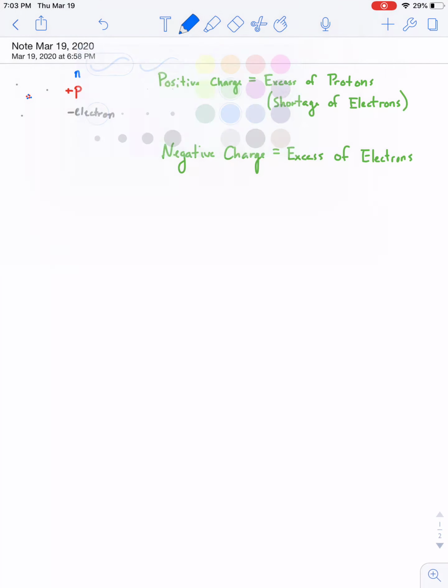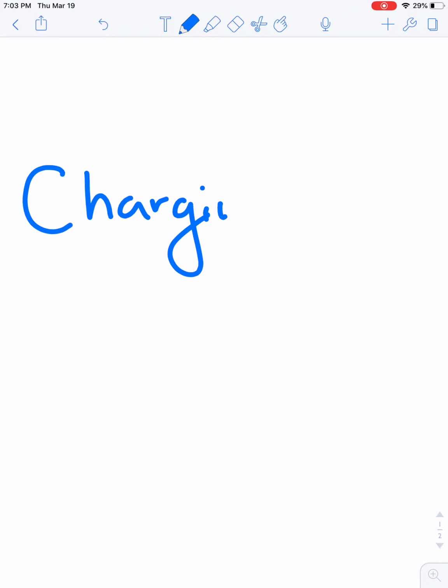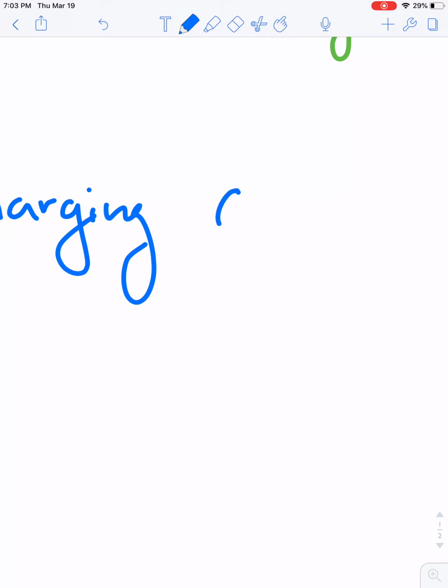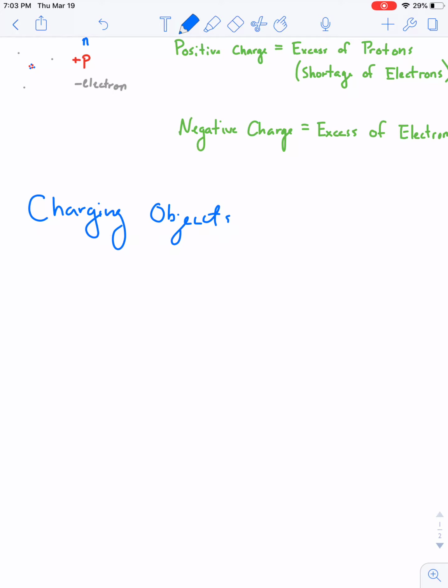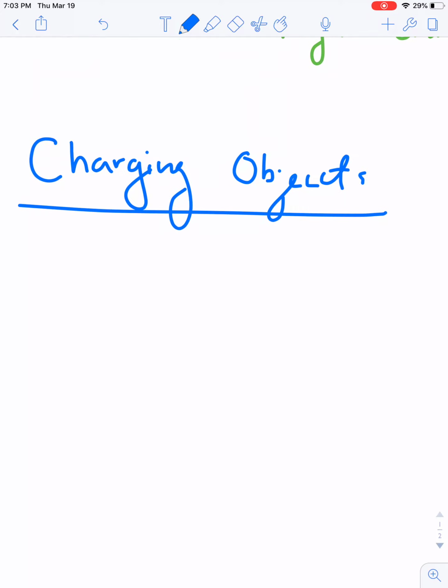Now, there's a couple ways in which we charge objects. The first one, it's pretty simple, is charging due to friction.